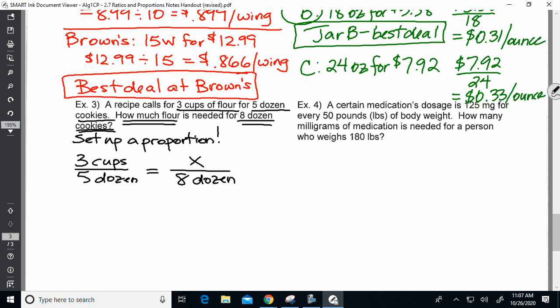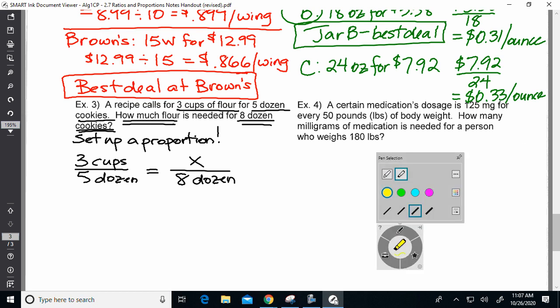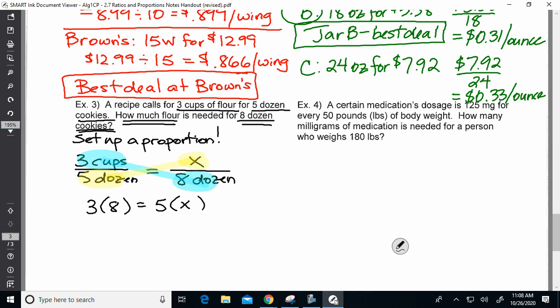Alright, so now that it's set up, we cross multiply. Cross multiplying is exactly what we did last week. 3 gets multiplied times 8. X gets multiplied times 5. So 3 times 8 equals 5 times x. 3 times 8 is 24. 5 times x is 5x.